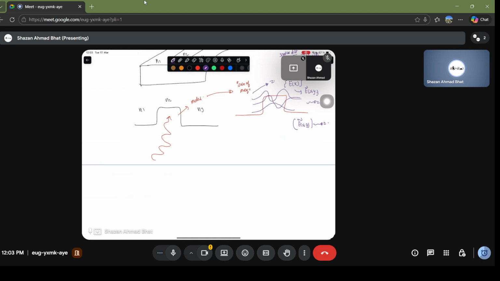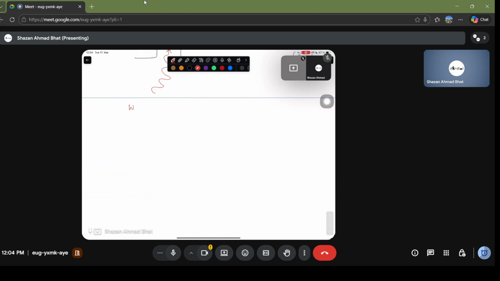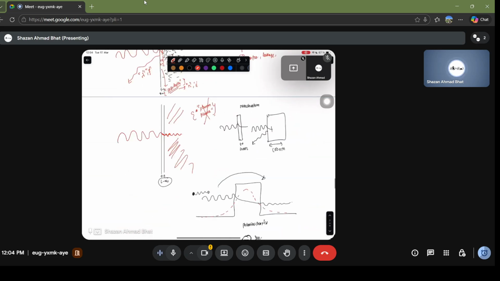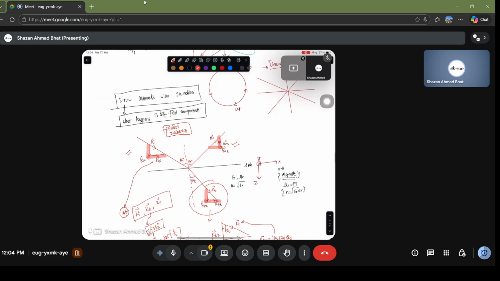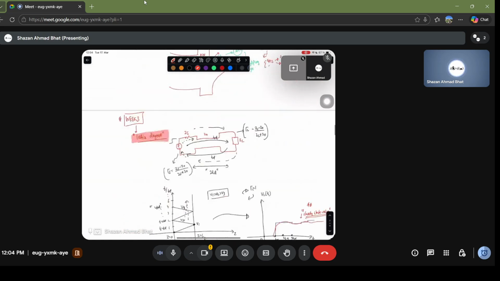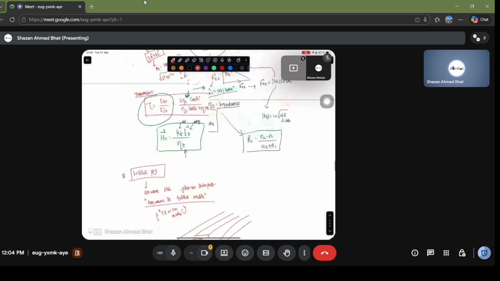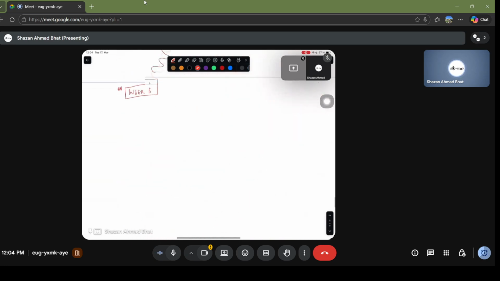Then we move to week 6. It will be a good revision if you just go through everything we have studied till now, so that you can at least have a rough overview of what this course basically offers.